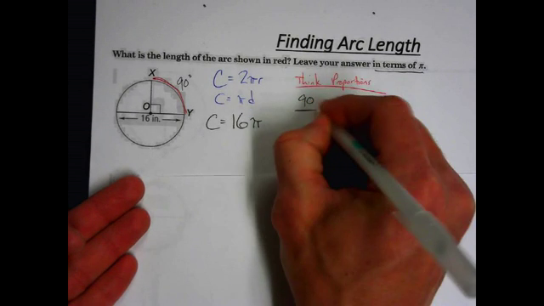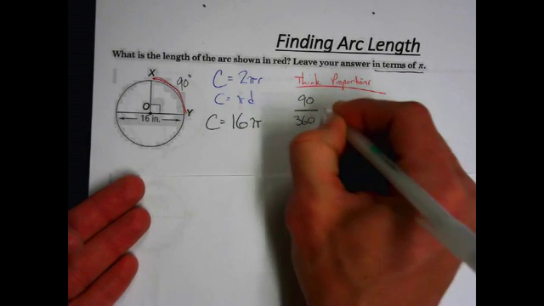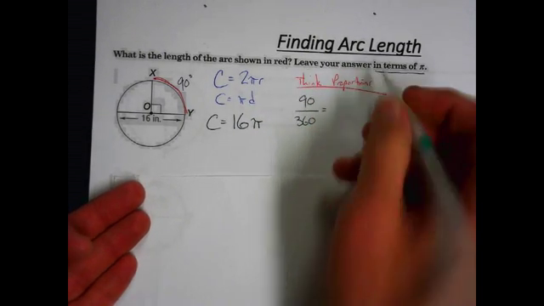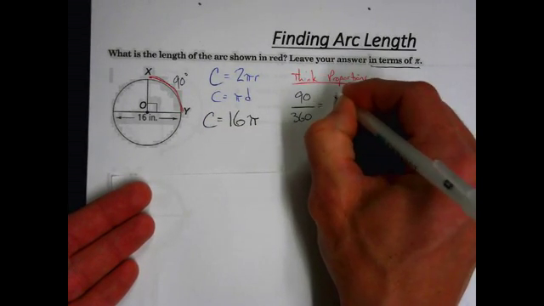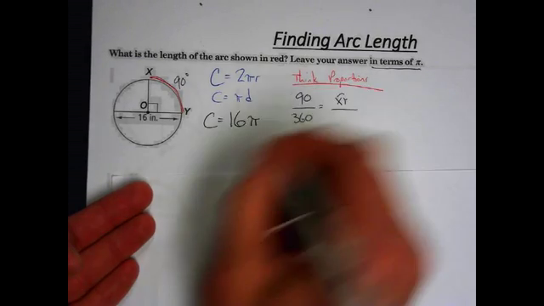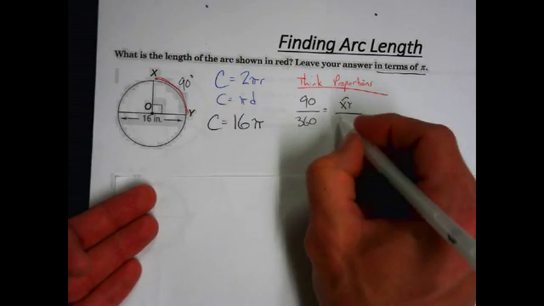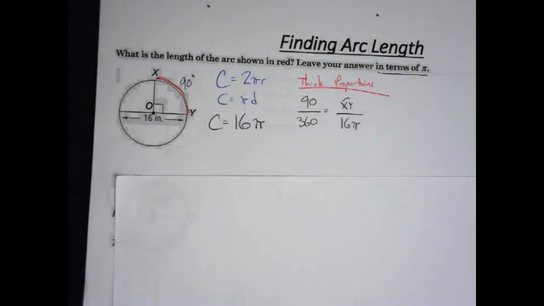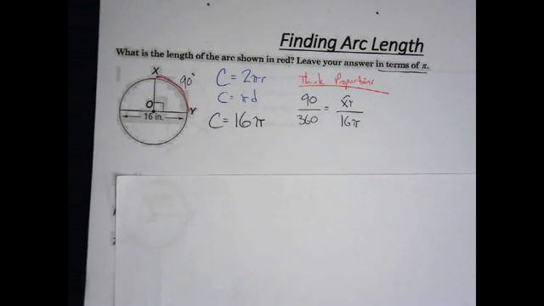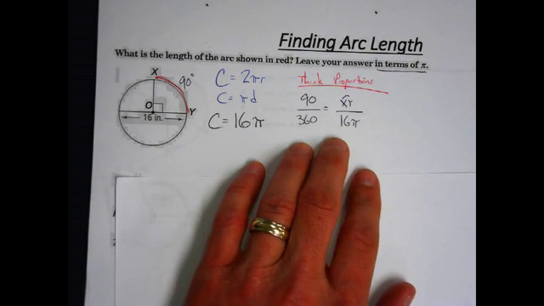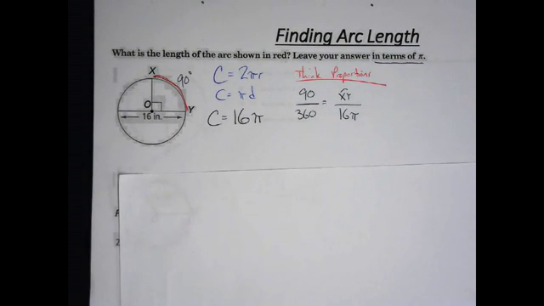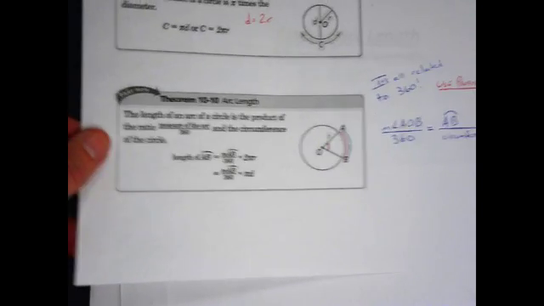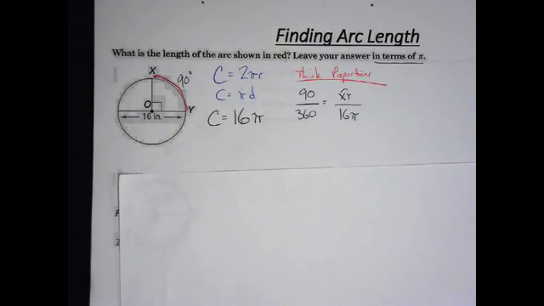So this 90 degrees is out of 360 degrees, just like the arc we're looking for, in this case arc XY, is out of the entire circumference. And the entire circumference is 16 pi. So right there is the hard part. The hard part is done. If you can understand how we get to this, then you're fine. But it's all related back to the note that I talked about previously. It's all about relating to the entire circle.